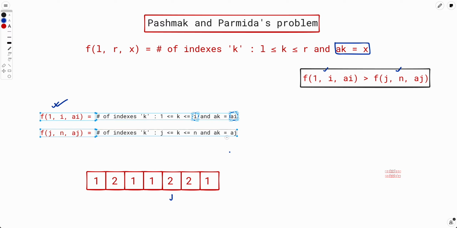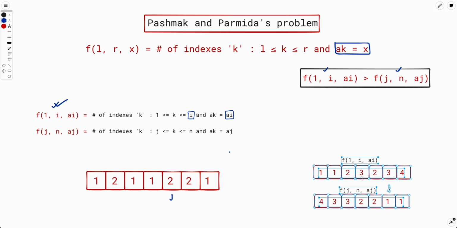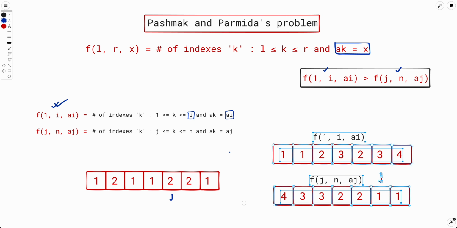Now let's evaluate these two functions completely. This would be the new values of f1iai and fj and aj, right? Now how to compute f1iai? Very simple. You can keep a map and iterate from left to right, and for every i, the value at that index would be the frequency of that particular element.